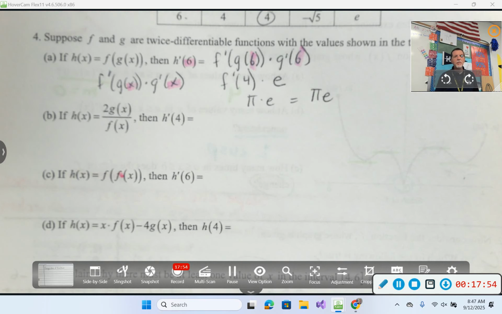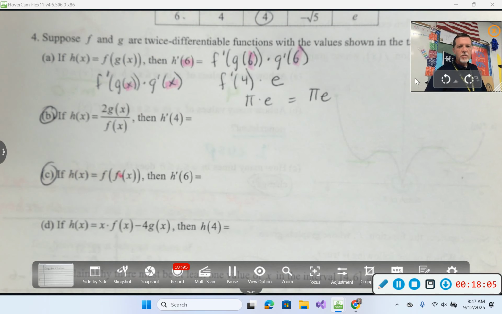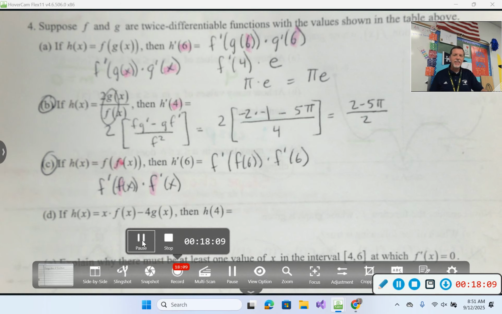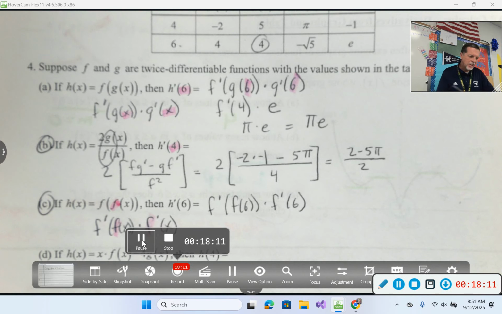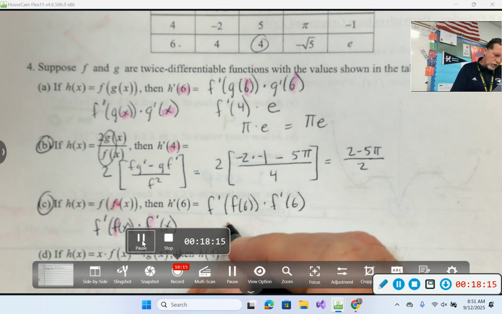Part B. What rule do we use for B? Quotient. Why don't you try B and C? Look at the table. F of 6 is 4.